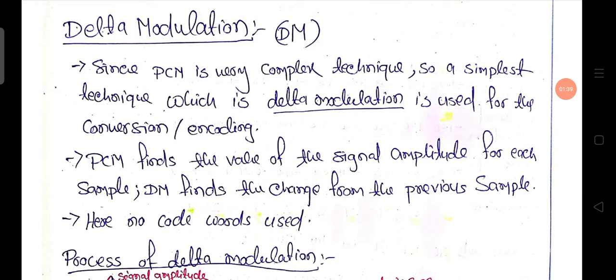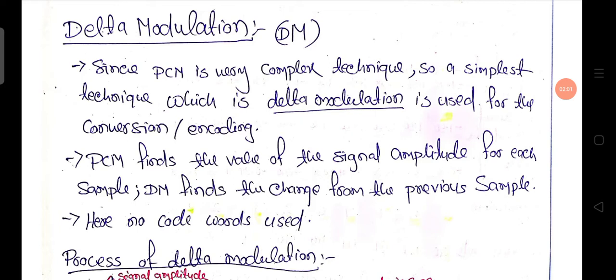What are those disadvantages? PCM is a very complex technique, and delta modulation is a very simple technique, because in PCM there are so many processes: one is sampling, one is quantization, then encoding.